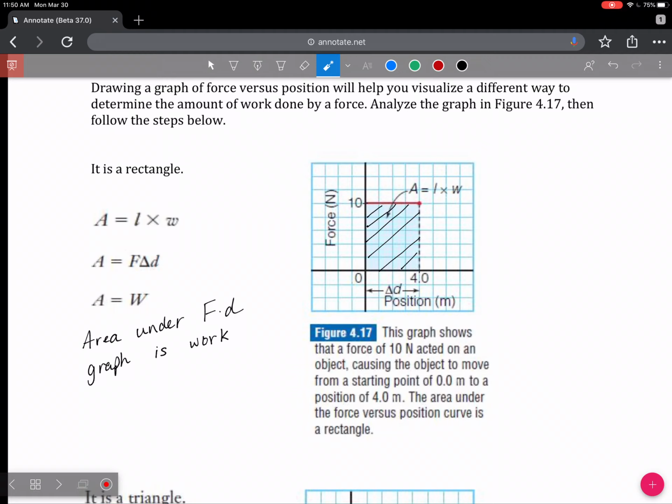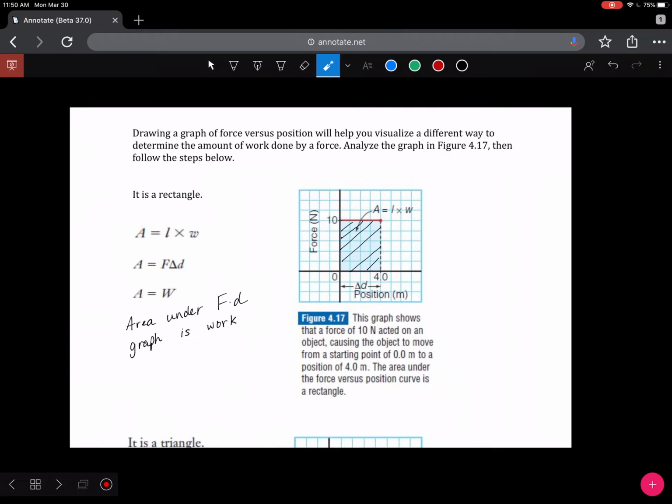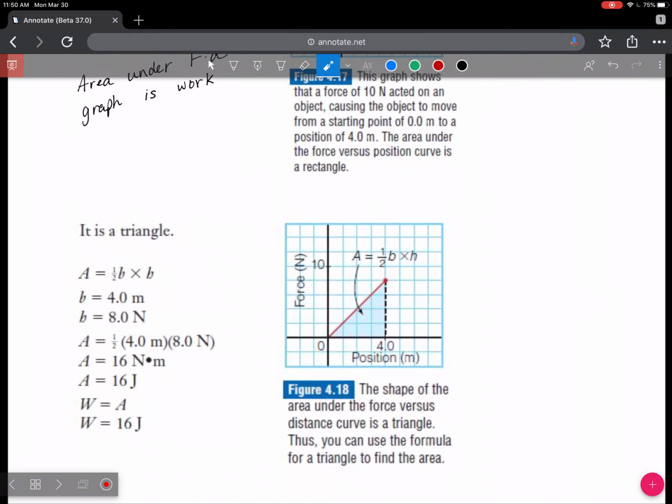The graph shows that a 10 Newton force acted on an object, causing the object to move 4 meters. The area under the force position curve is a rectangle, and so there we go. For a non-constant force, we can see here that the force is changing.